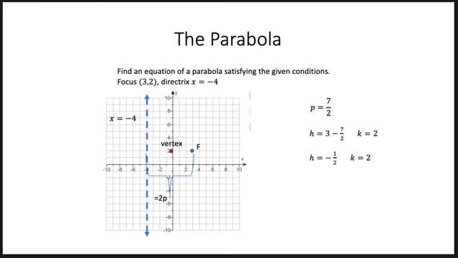I know I have a y squared equation, right? So it's got to be y minus k squared equals 4 times p times x minus h. So substitute k and h and p into this equation. And when you substitute those values, you get y minus 2 squared is equal to 14 times x plus 1/2.